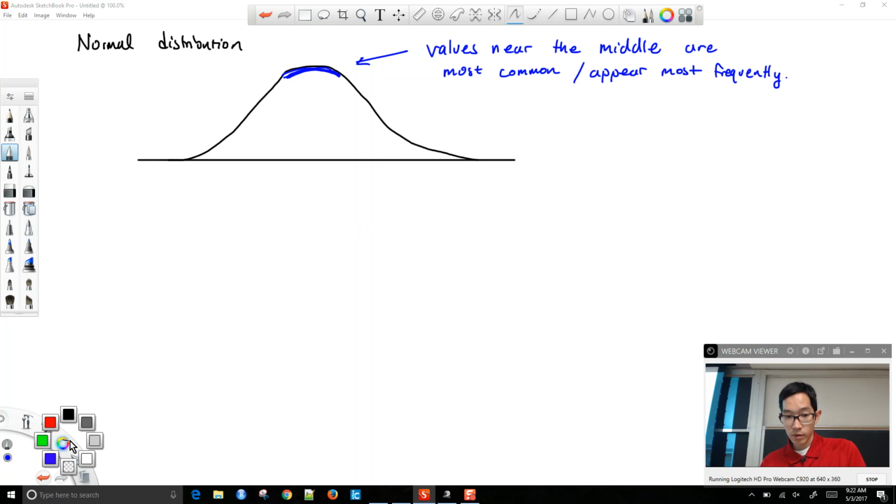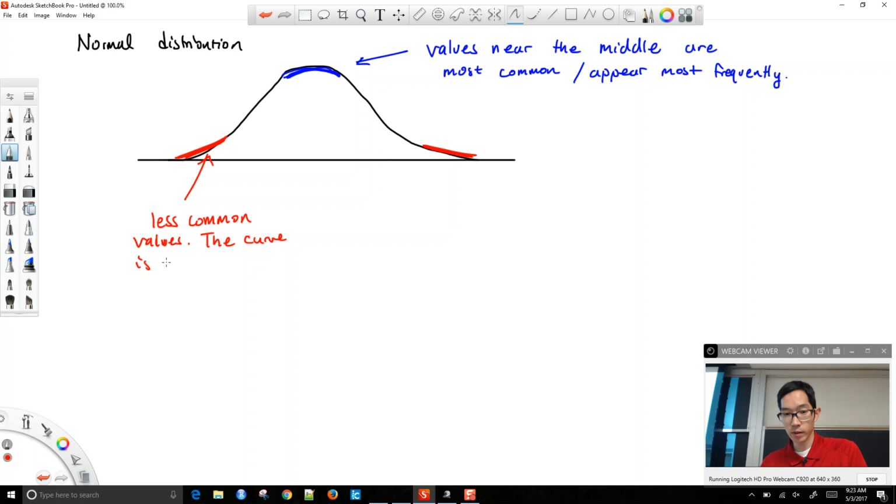Whereas values out here and over here, these are less common. Less common values, as represented by the fact that the curve is near zero. Okay, the curve is close to zero.